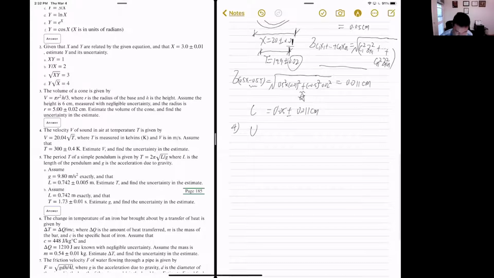From chapter 3, section 3.3, if u is a function of x, the uncertainty of u will be the absolute value of du/dx times sigma x. So in this problem, x is T, u is V, the velocity. That's the equation we're going to use.